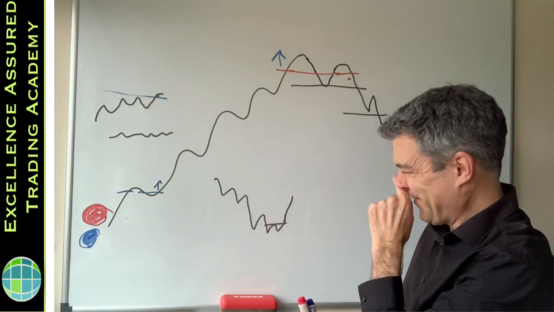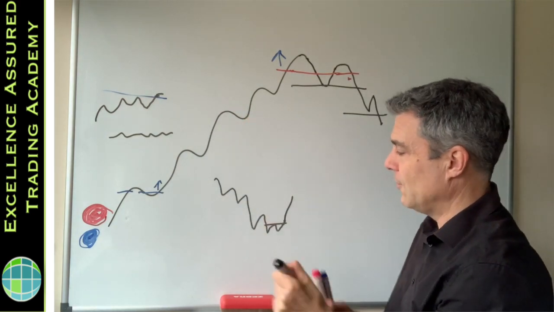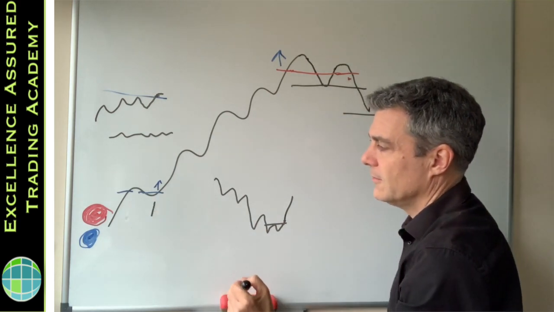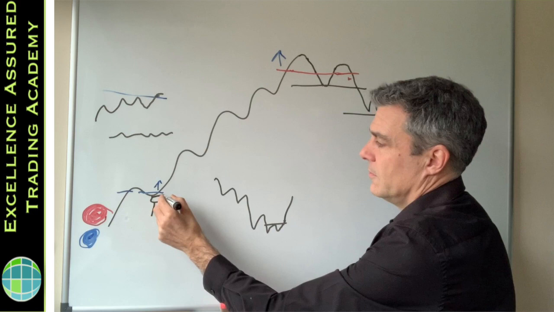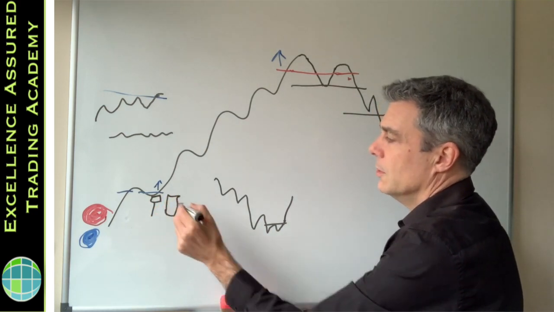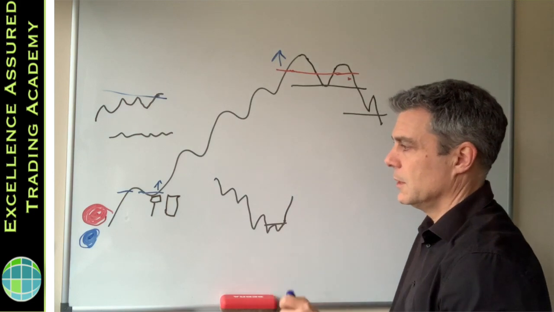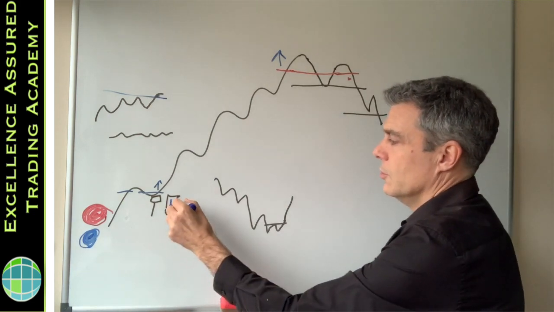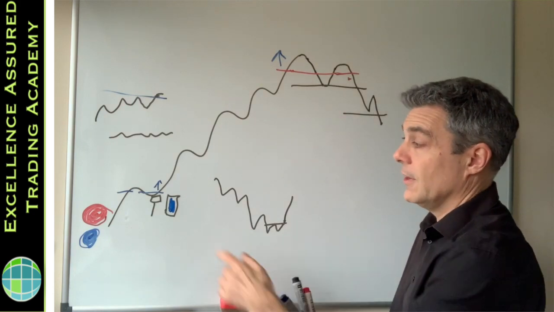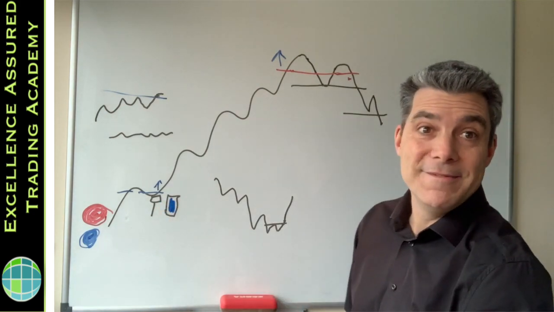The sort of thing that you're looking for in these bottoms here is spikes, and big bull bars. Okay, so that would be blue or green, big bars. And if you get a combination of the two, then even better.